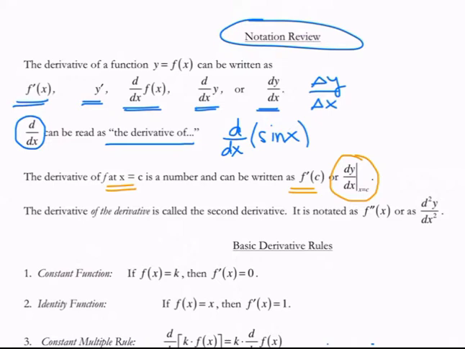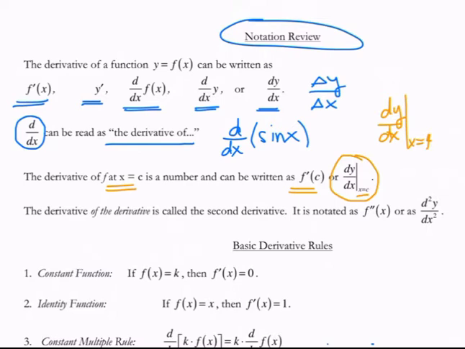And we say that this is dy dx evaluated at x equals c. So you'll see this and you'll have to use this as well. So just remember that vertical line means that's an evaluation bar. And down here on the right, you put the specific x value. So you might see something like find dy dx evaluated at x equals 4. Okay?